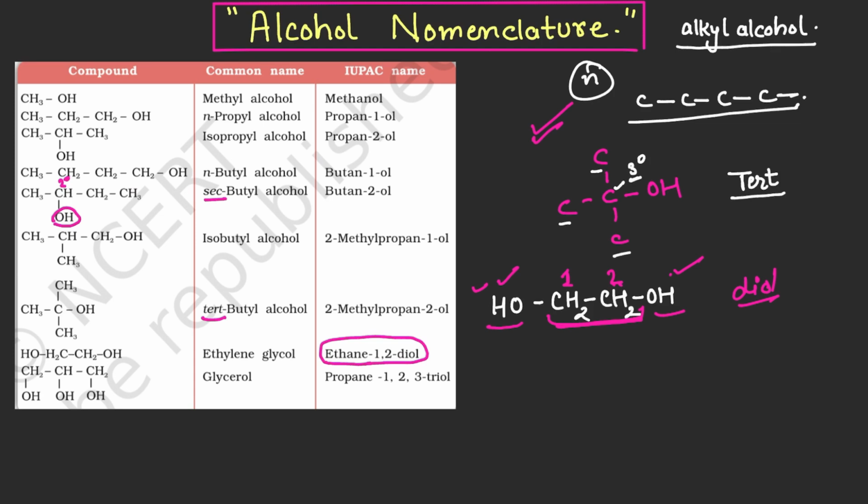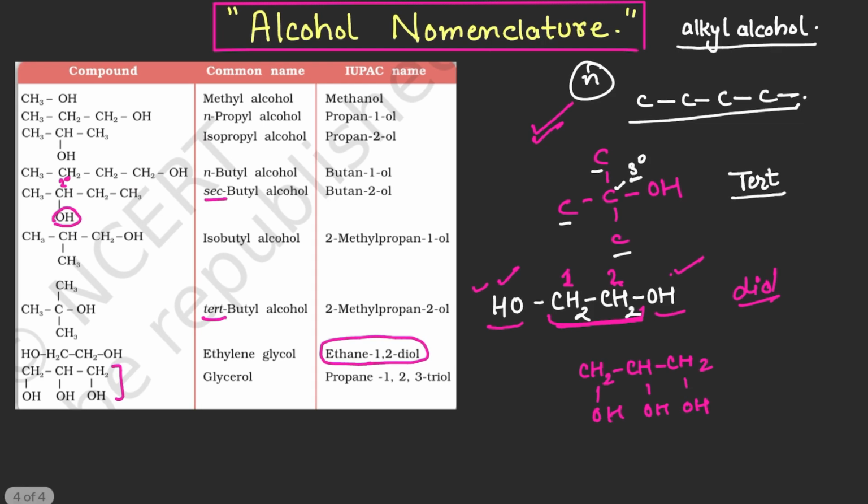Alright, so the last compound has CH2, CH, CH2, and OH, OH and OH. For the IUPAC name, we will talk about 1, 2, 3. These are the 3 carbons, and at each carbon we are having OH groups.